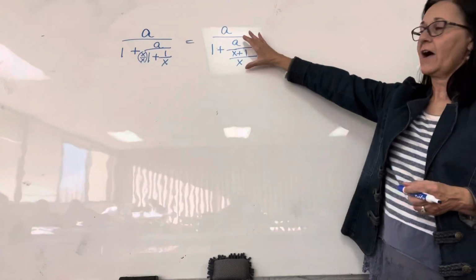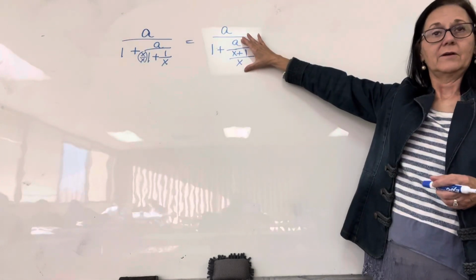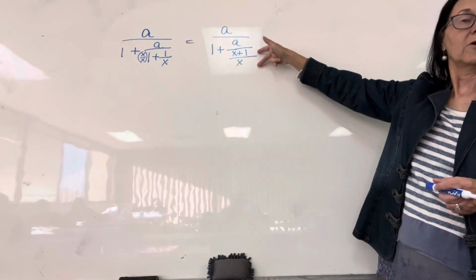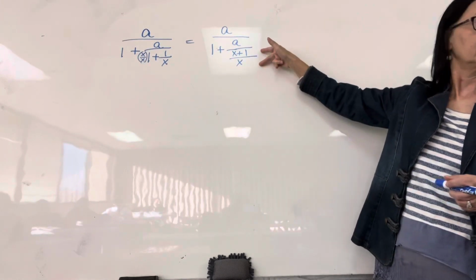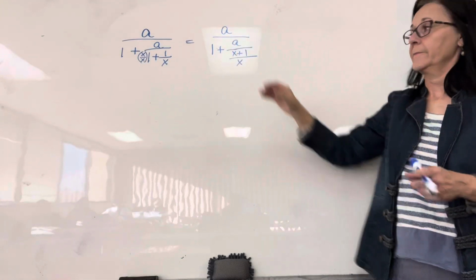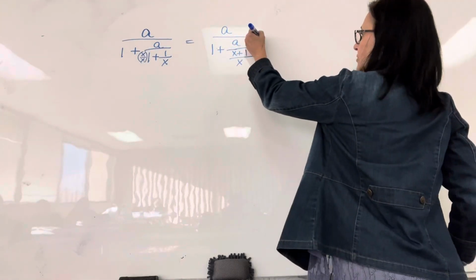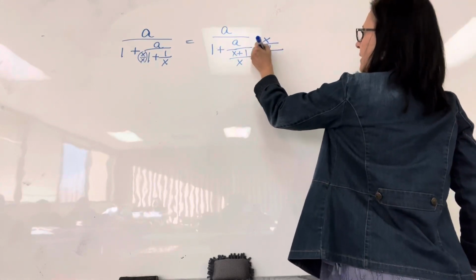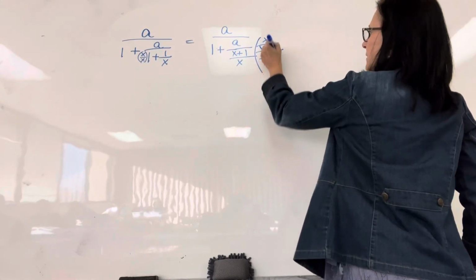Now I'm going to simplify this complex fraction by taking the denominator and multiplying by the inverse over itself. So I'm still only dealing with this piece of the fraction. So I'm going to multiply by X over X plus 1 over X plus 1.